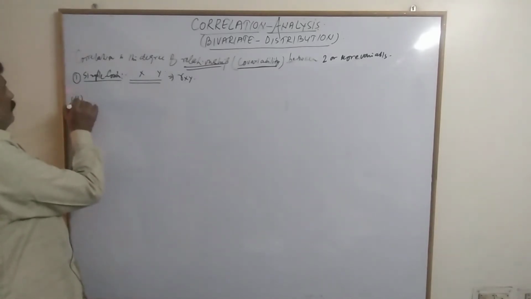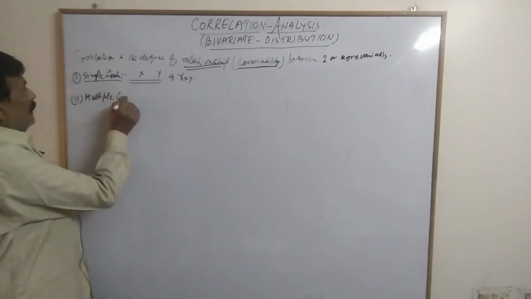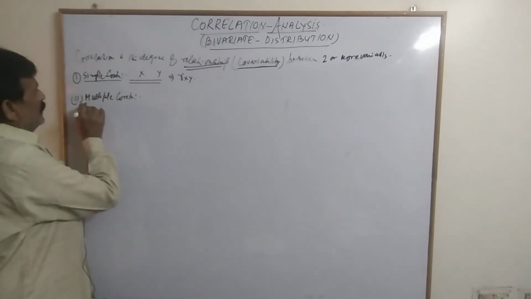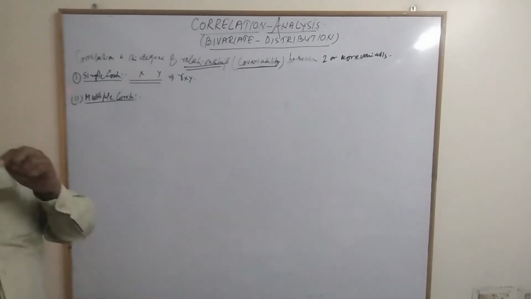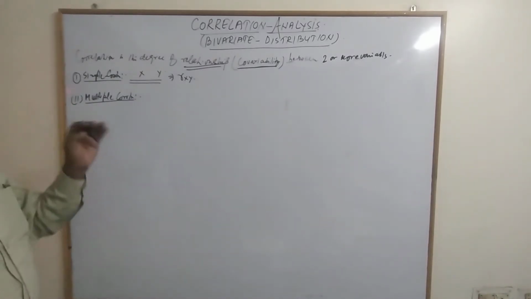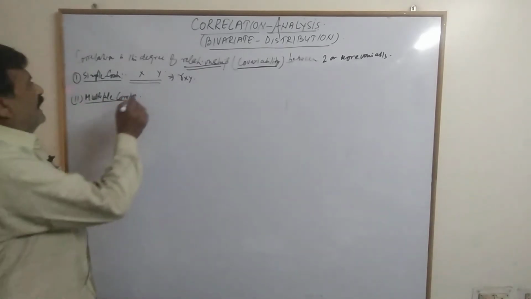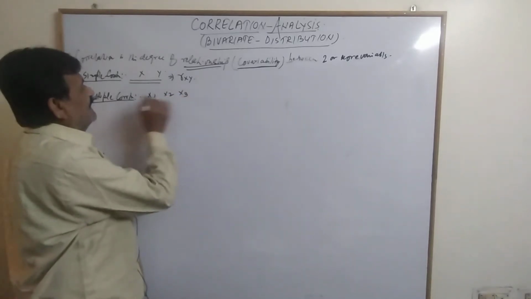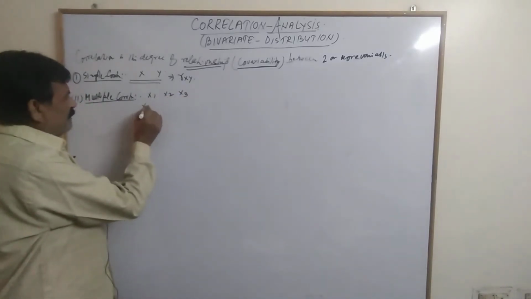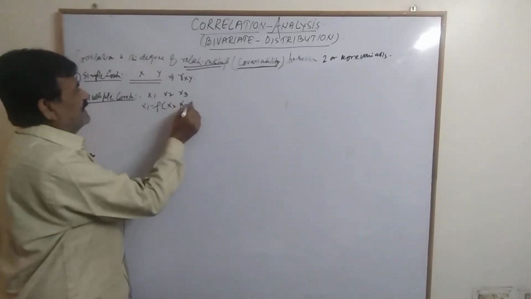Another is multiple correlation. For multiple correlation to exist, the number of variables has to be more than two. So the minimum number of variables must be 3, and it could be any number n. Let there be 3 variables, x1, x2 and x3. Now these are functionally related: x1 is a function of x2 and x3.